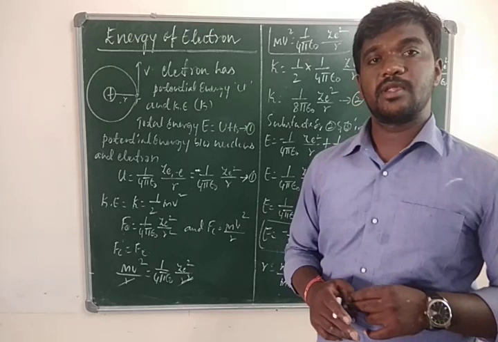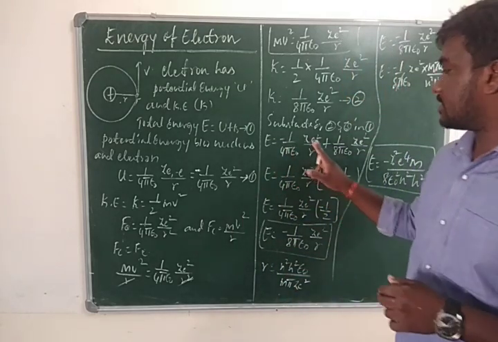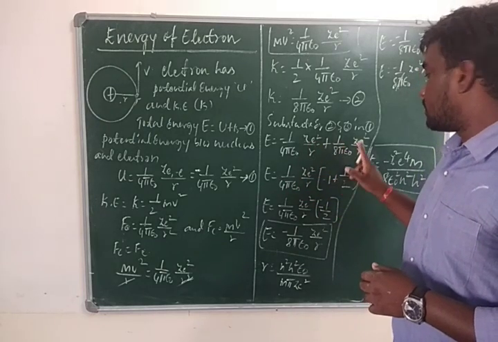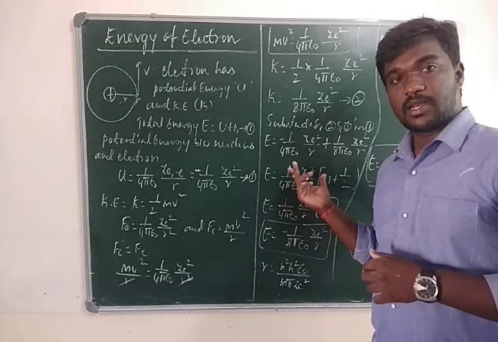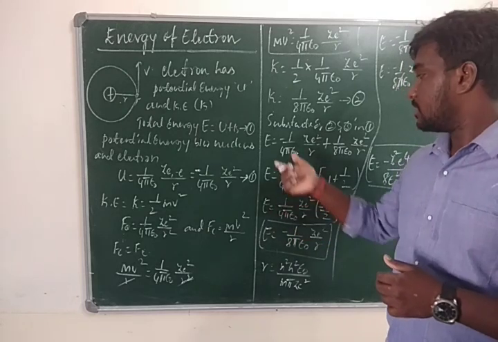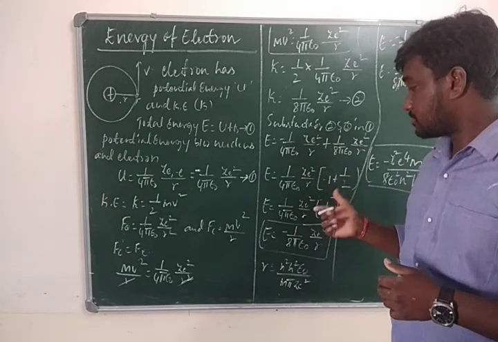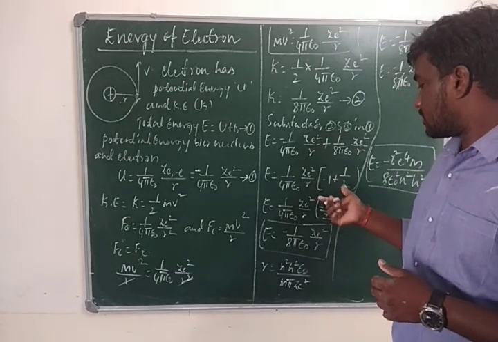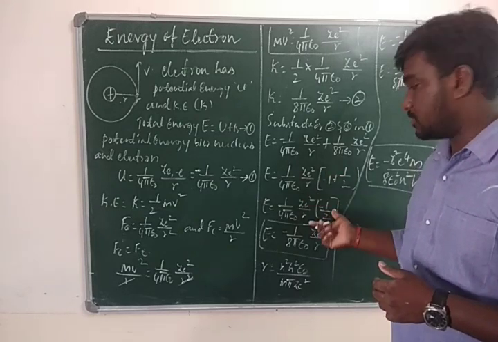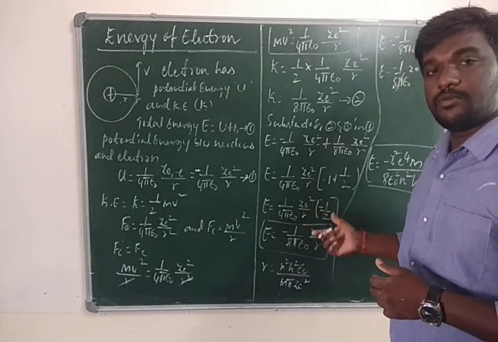Both equations substituted in the total energy equation means E is equal to minus 1 by 4 pi epsilon naught Ze square by R plus 1 by 8 pi epsilon naught Ze square by R. If we take the common term from both, what we get is 1 by 4 pi epsilon naught Ze square by R, multiplied by minus 1 plus 1 by 2. So minus 1 by 2, 1 by 4 pi epsilon naught Ze square by R into minus 1 by 2.